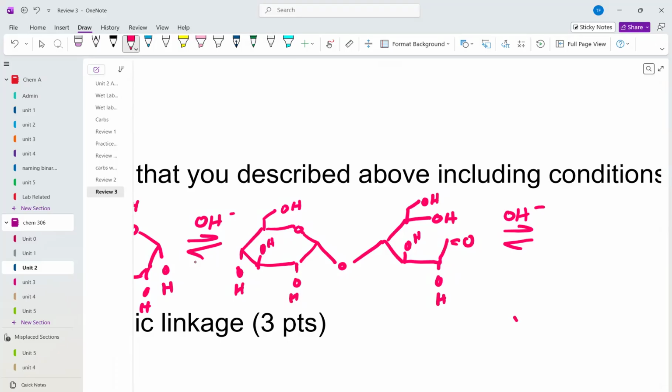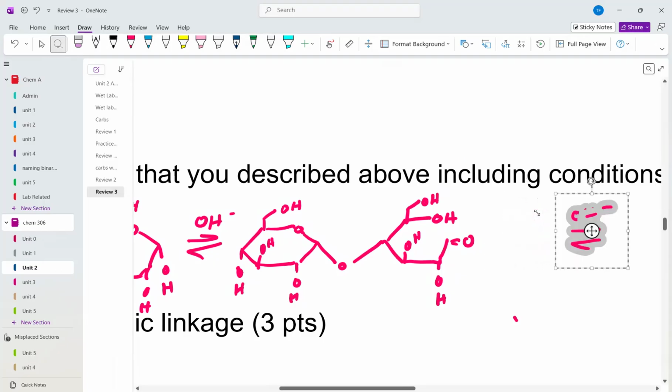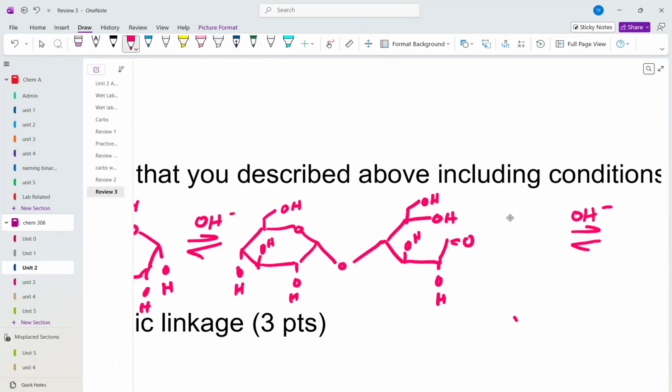So we're going to add the Benedict's solution, which is copper.